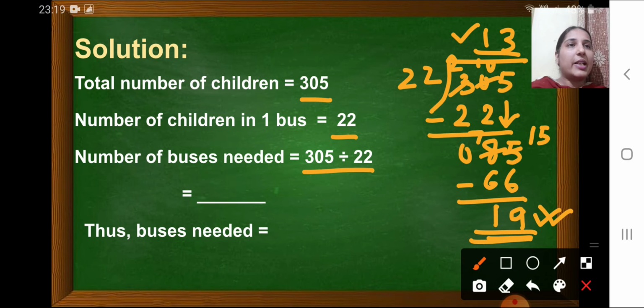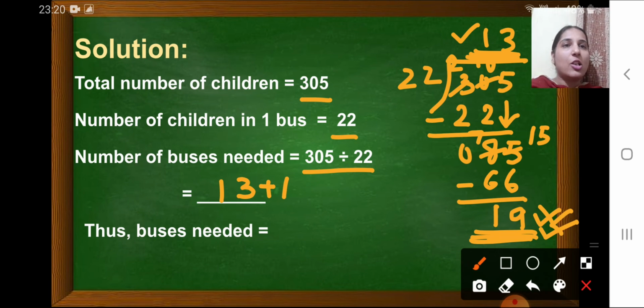So these 13 buses we have, but for the remaining children, the number of which is 19, for them we will require one more bus. So the number of buses will be 13 plus one more bus to occupy these 19 children. So how many buses will be required? 14 buses.